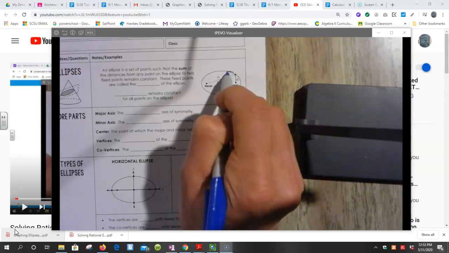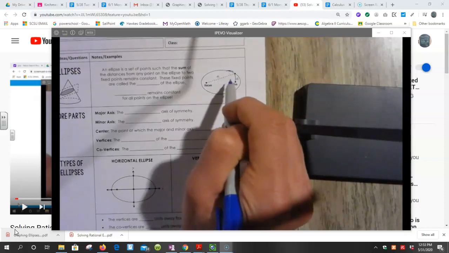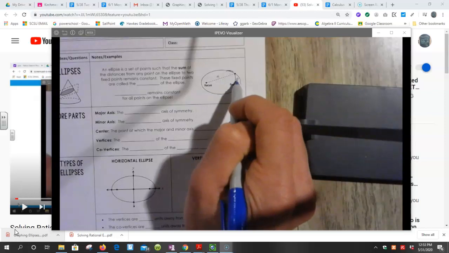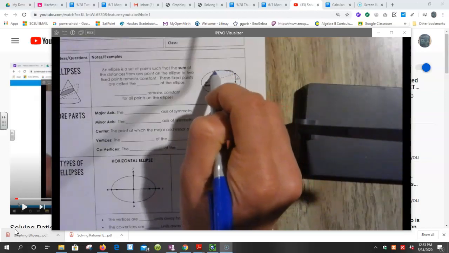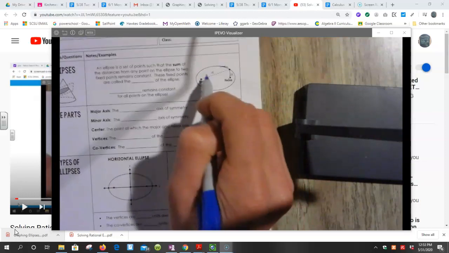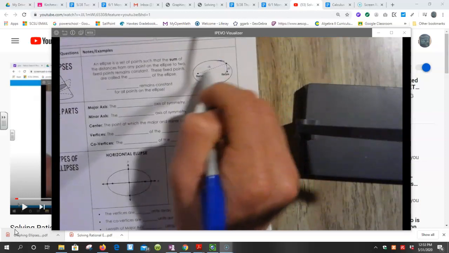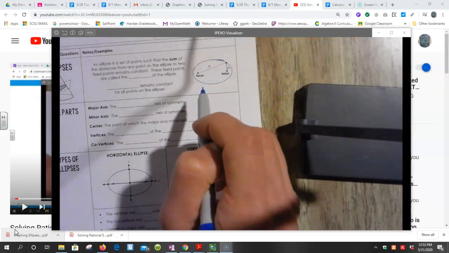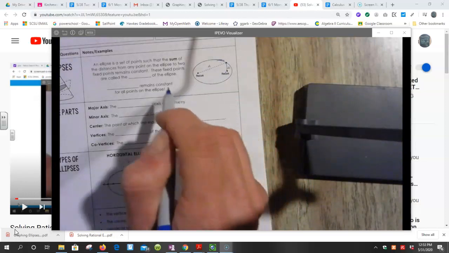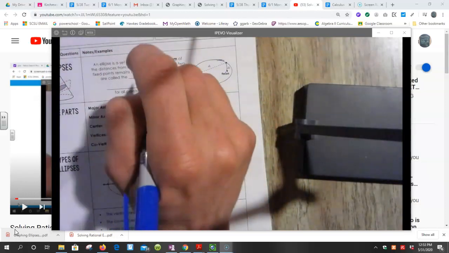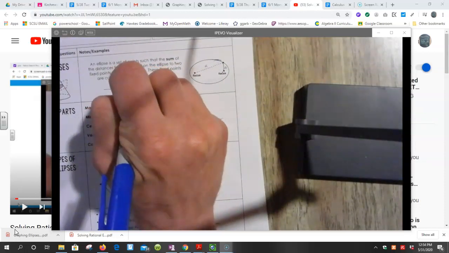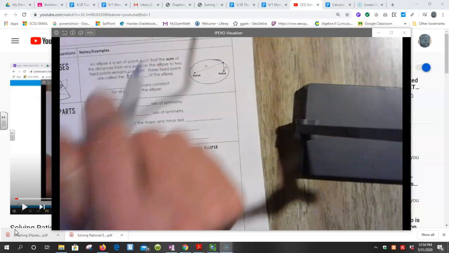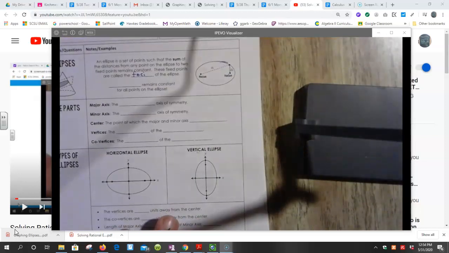So if I move to here and I look at these two distances, they'll be the same also. So these two different distances, d1 and d2, their sum is the same no matter where I move on the outside of the ellipse. That set of points along the outside, where the sum of those distances is the same, is called an ellipse. Those two fixed points are called foci, the plural of focus.